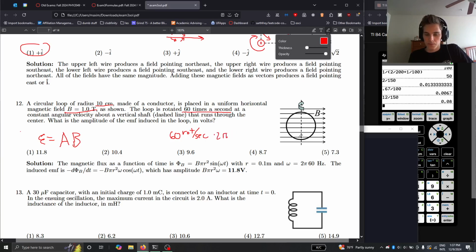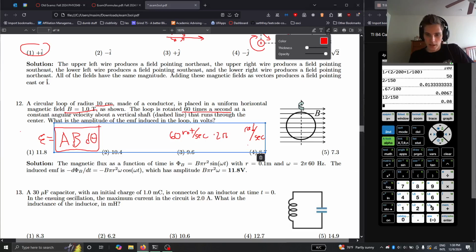What does this give us? Well, this is rotations, and there's 2 pi radians in a rotation. So this will give us a certain amount of radians a second, which is what omega is. And that's the rate of change of the angle. That's our d theta, which we want here. So again, the two things that are held constant, we just multiply them times the one thing that's changing. We'll throw that in.